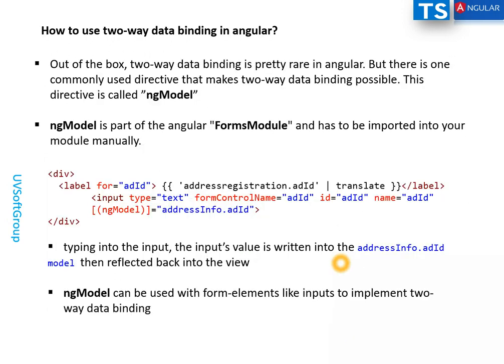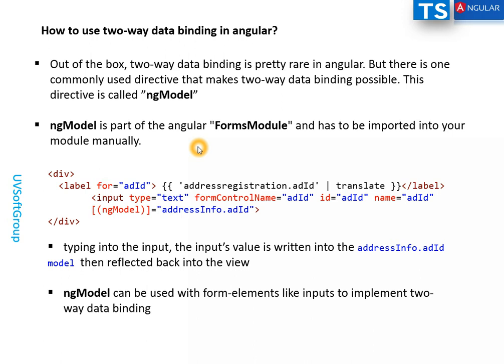So if I go further, we have two-way data binding in Angular. Out of the box, for two-way data binding in Angular, there is one commonly used directive that makes it possible, called the ngModel directive.